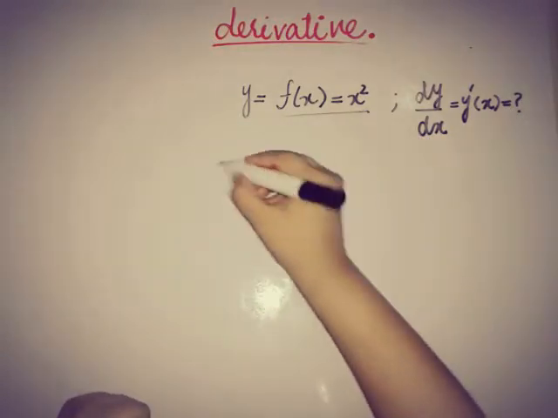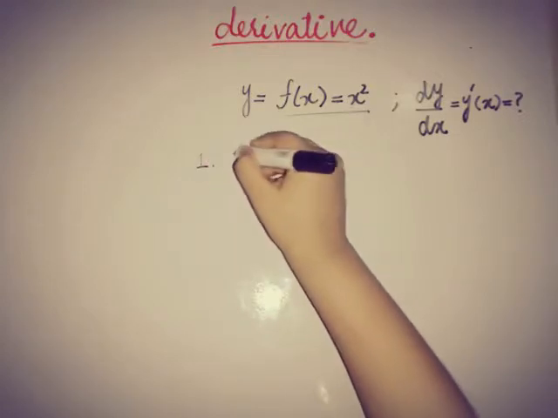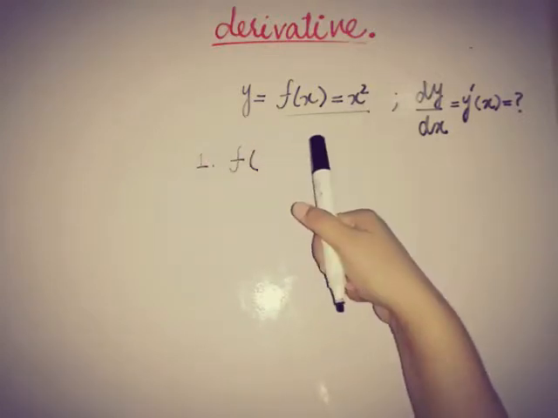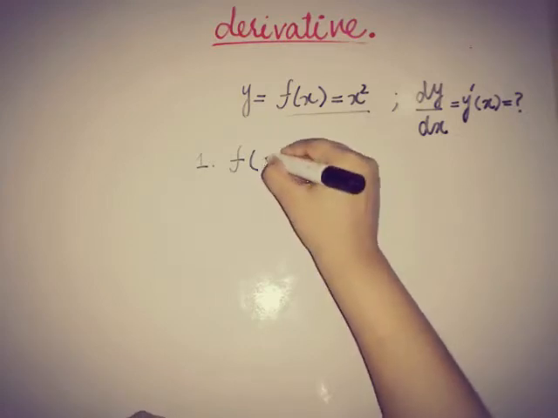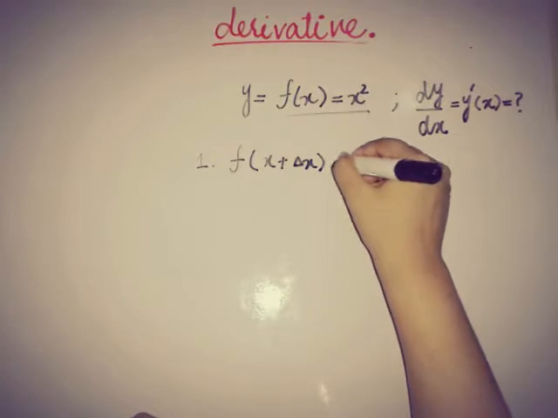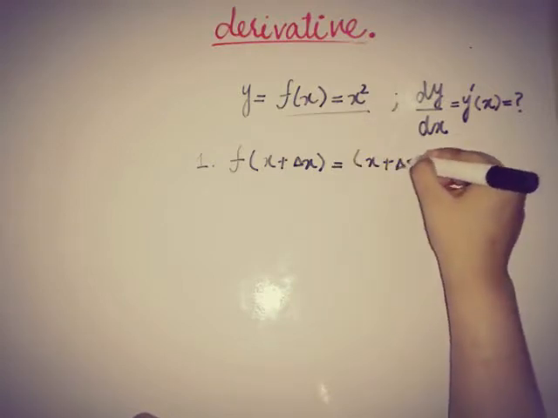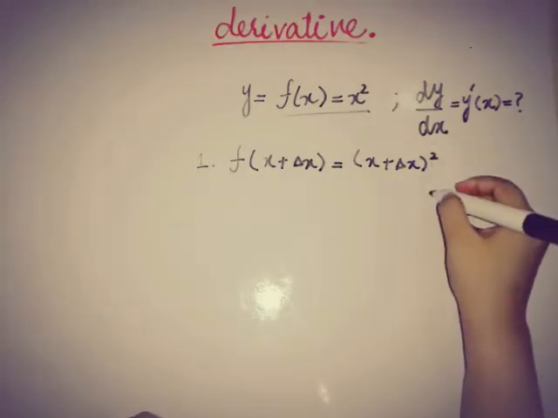The first step is to add a small change to the function, that is, f of x plus delta x is equal to x plus delta x, whole squared.